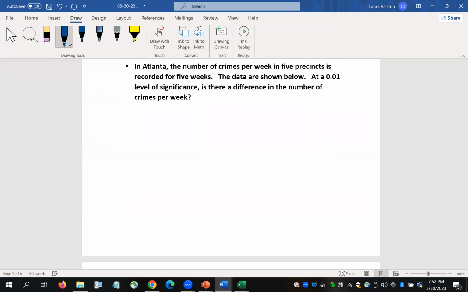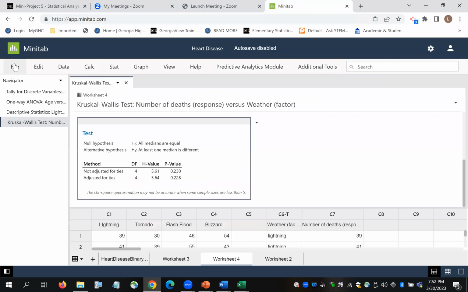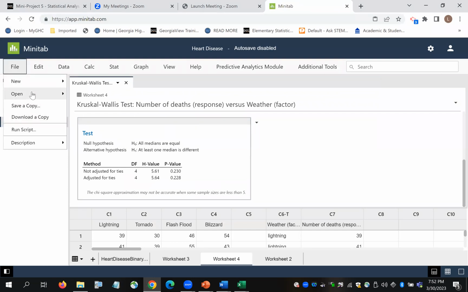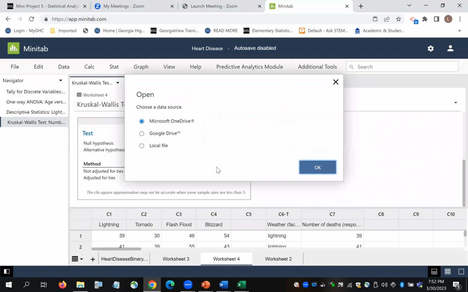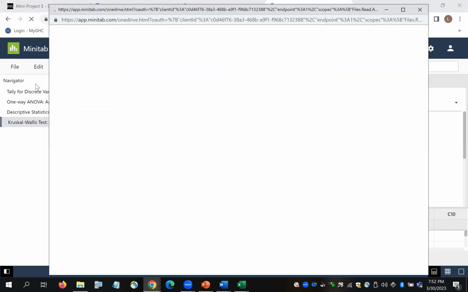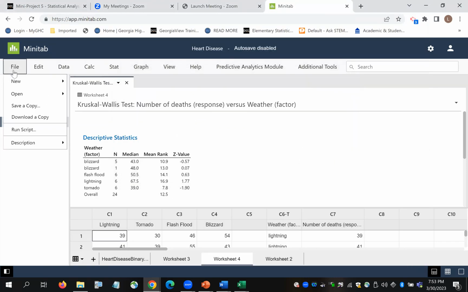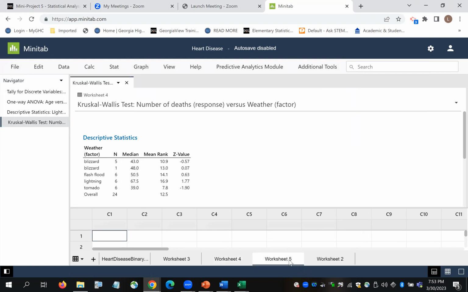For Kruskal-Wallis, you have to enter the categories into one column and the numeric values into another column.